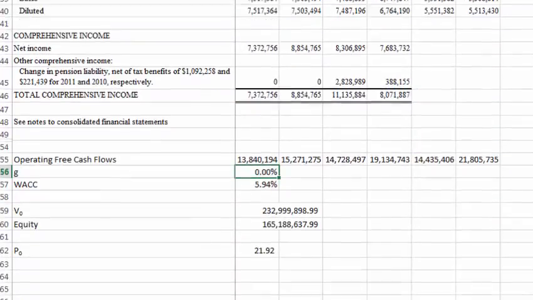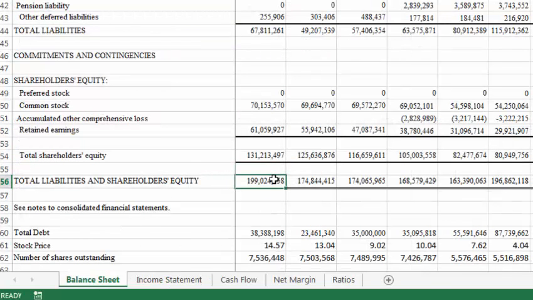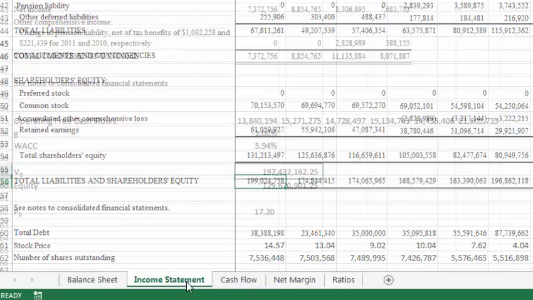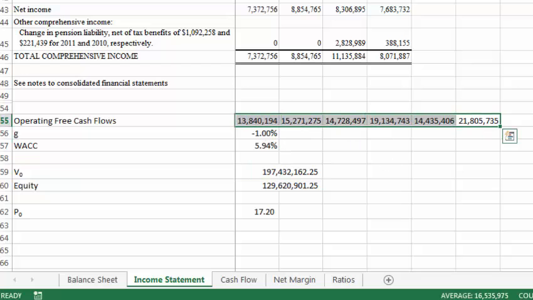So if we get this to be 1%, first off, oops, not 1% growth, I need to have minus 1%, then this number, the market value of the firm, is closer to the book value of the assets. But if we were looking at how fast that is growing on average, how much is that going down essentially, it's probably not 1%.